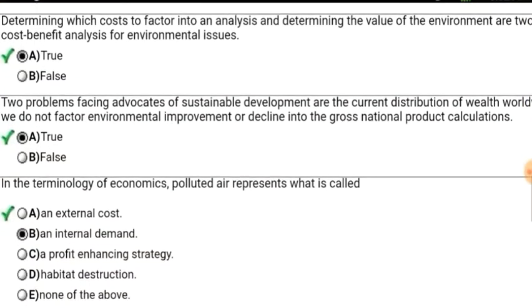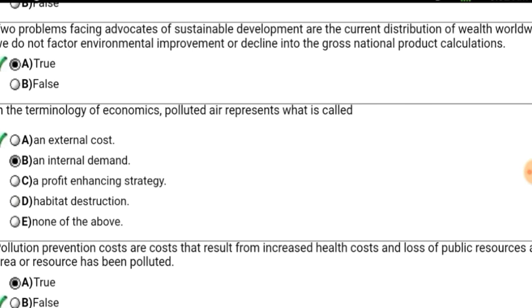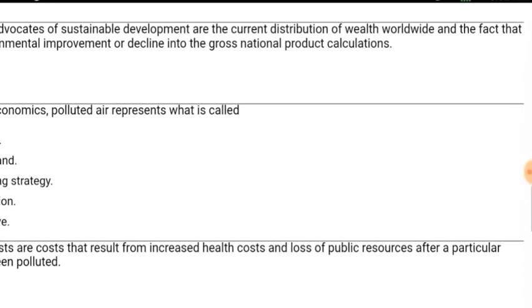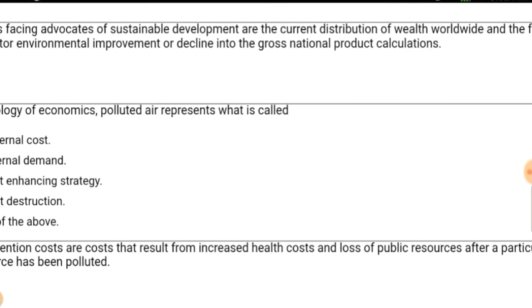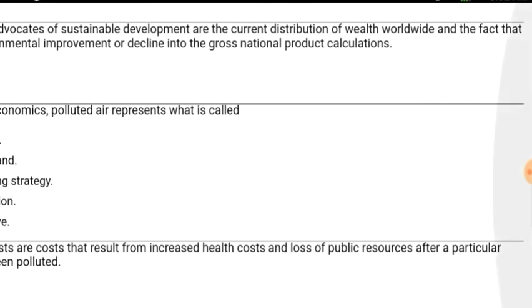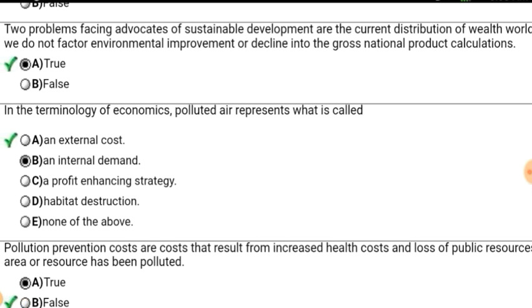Next, two problems facing advocates of sustainable development are the current distribution of wealth worldwide and the fact that we do not factor environmental improvement or decline into the gross national product calculations.